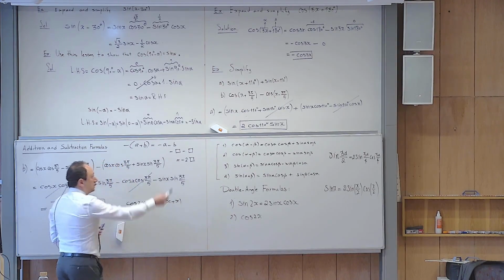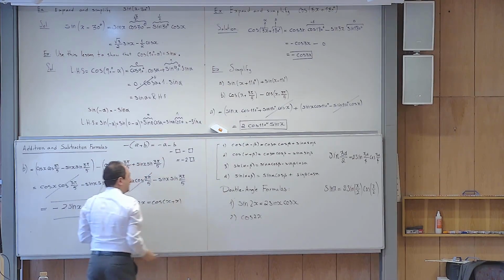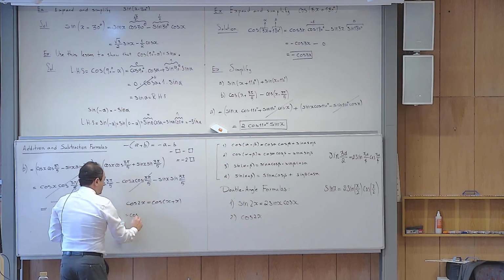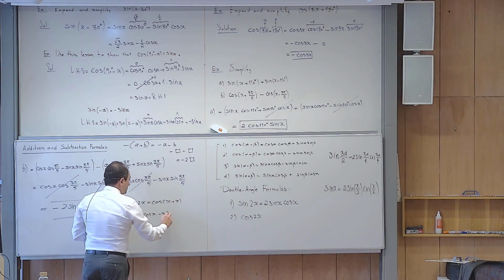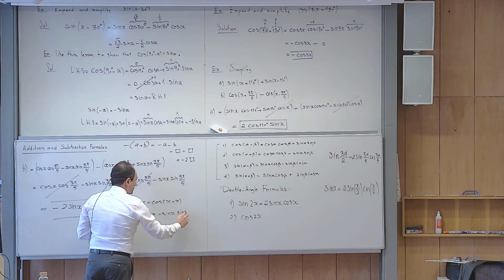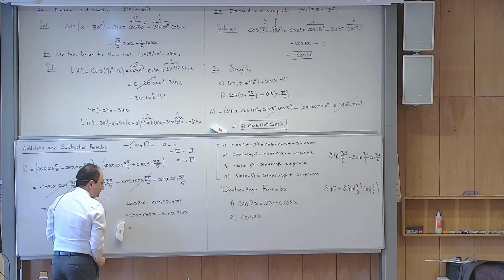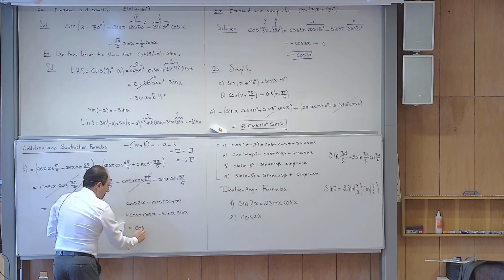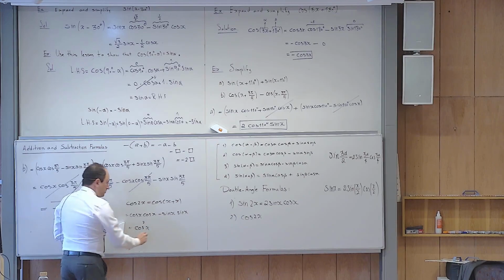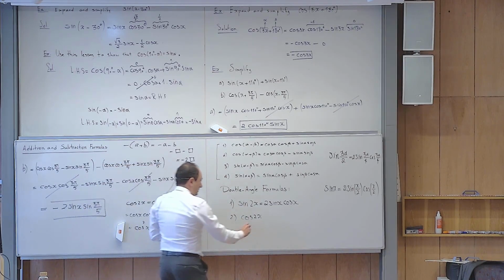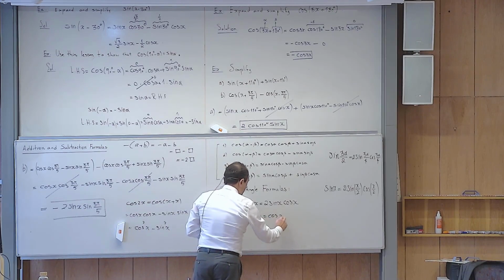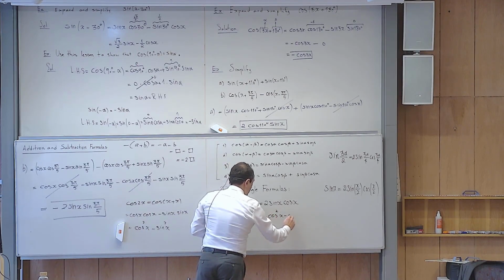And then which formula is useful? The second one. So it becomes cosine of the first one, cosine of the second one, minus the sine of the first one, sine of the second one, yes? So this becomes what? Cosine x to the power of 2 minus sine x to the power of 2, yes? So I can write it here. So you see how much difference there is.